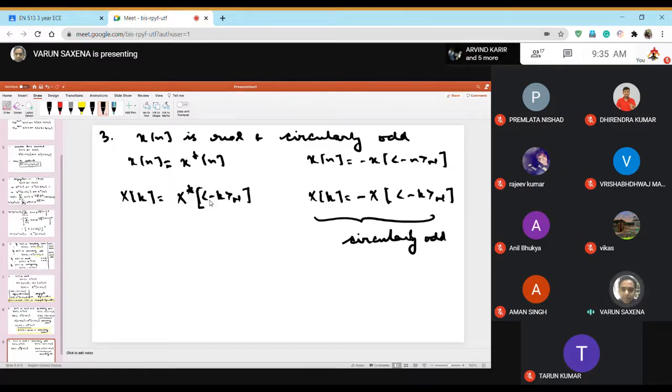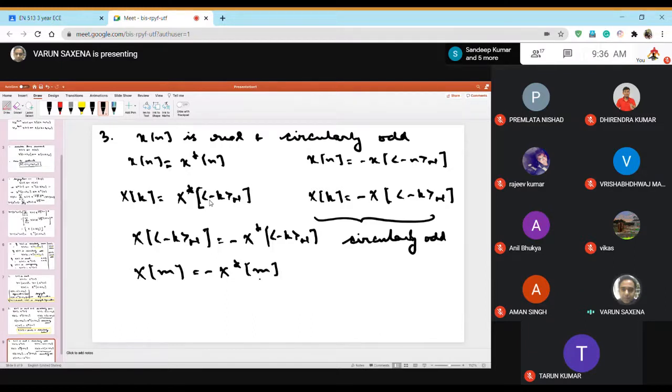Then if you compare both of them, you also come to the conclusion that X of minus k modulo N is negative of X conjugation of minus k modulo N. So you can write capital Xm is minus capital Xm conjugation. What does this tell you?